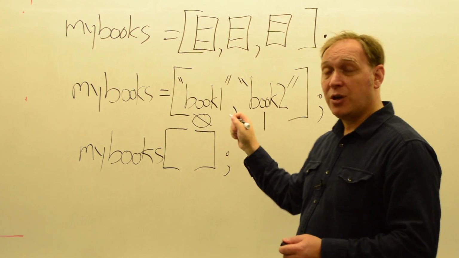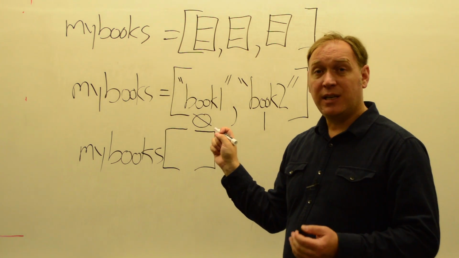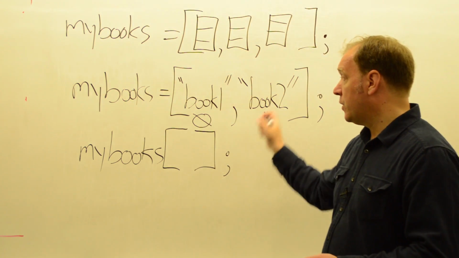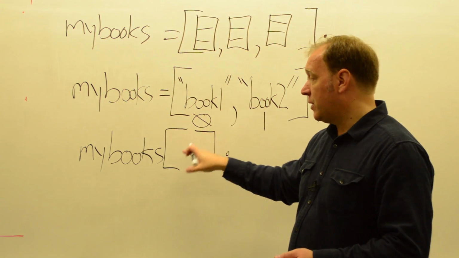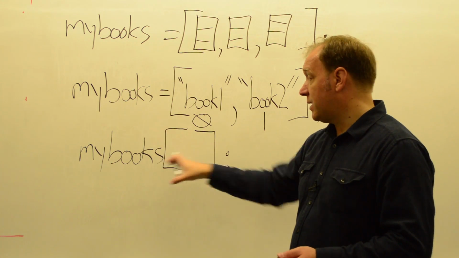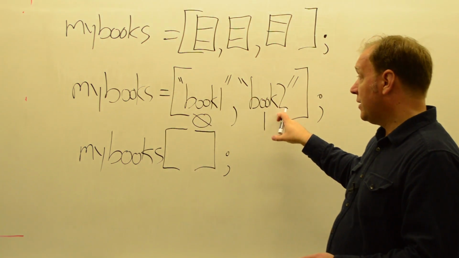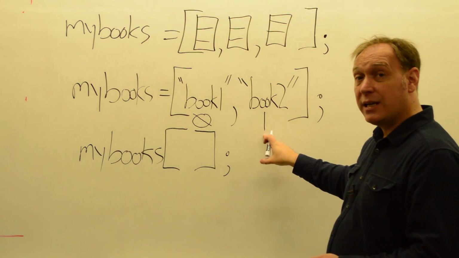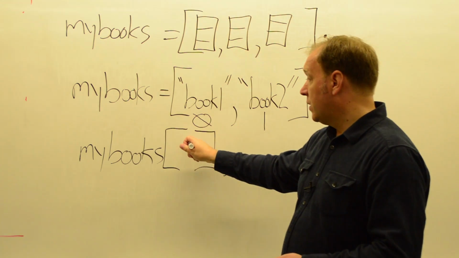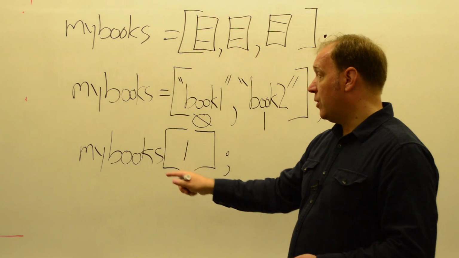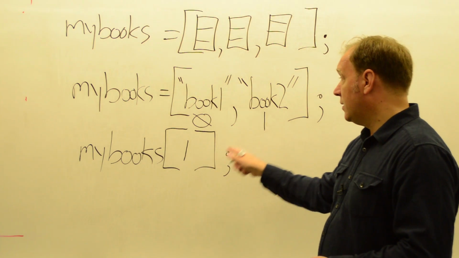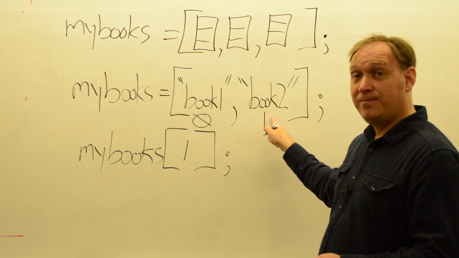And this spot on the shelf in an array is referred to as its index value. So it's the index value that we refer to in the mini snapshot of our bookshelf. So if we want the second book, we refer to its index number of 1. So my books 1 would give us book 2.